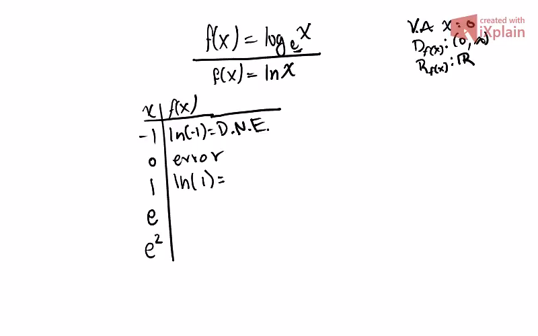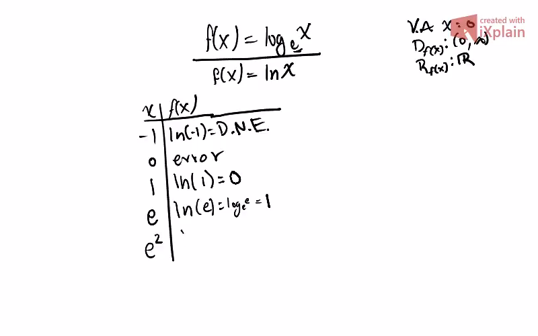Now, the natural log of 1, and I'm asking, is anything, any logarithmic form when x is 1, you get, yeah, 0. The natural log of e is the same thing as log base e of e. Well, what power of e gives you e? Obviously 1.